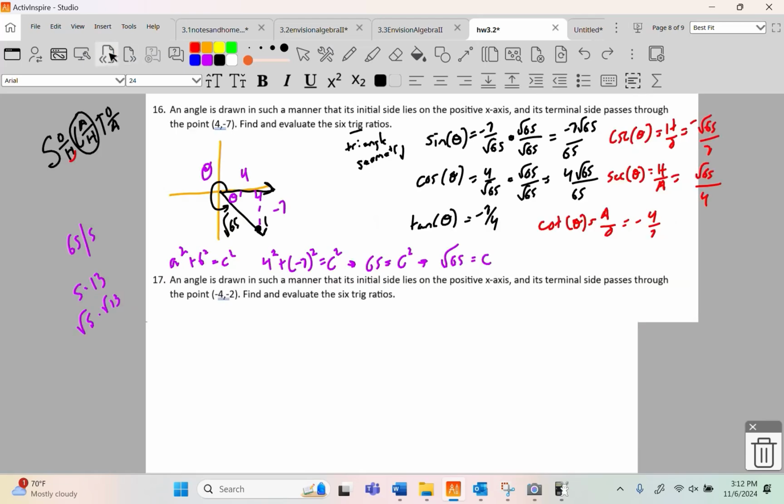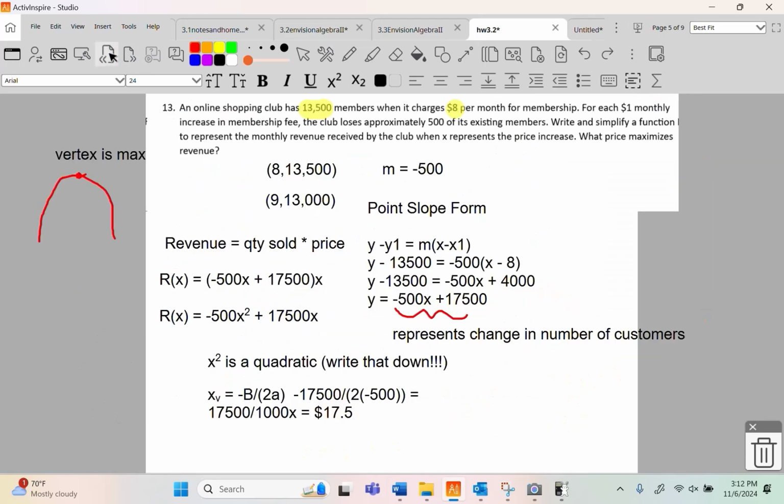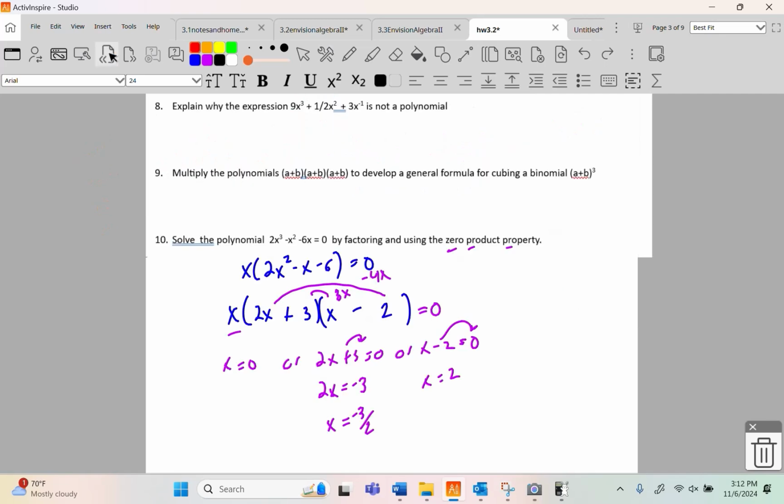I want you guys to do some trig on your own. This was not in your notes. I don't know why this wasn't in your notes. But a polynomial has positive integer exponents.